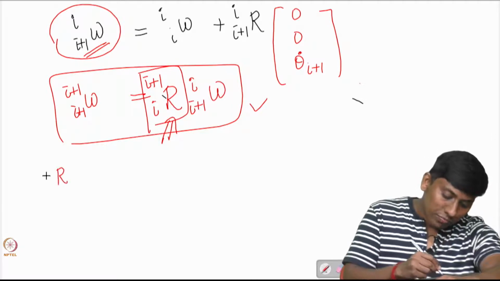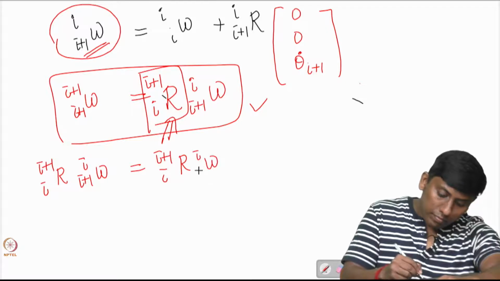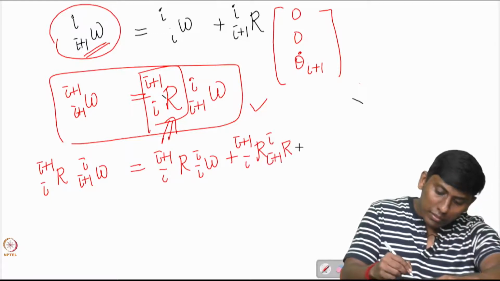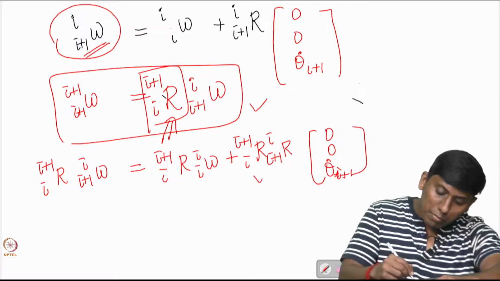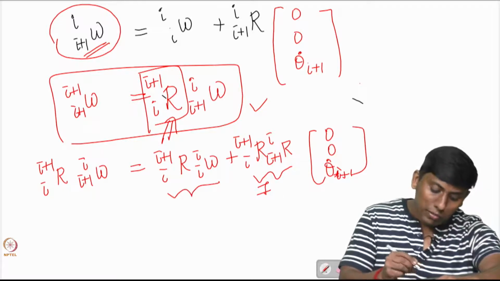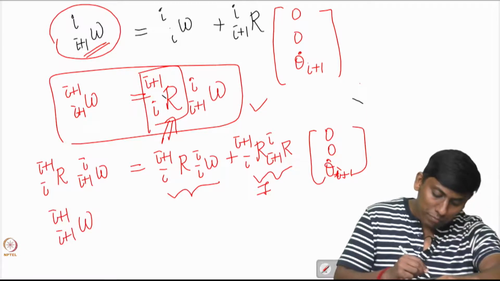So in the sense, I plus 1 I, okay. So if you multiply, what you will get, this becomes the identity matrix, right, and this is because of the previous frame, and this is nothing but omega I plus 1 to I plus 1 frame, right.